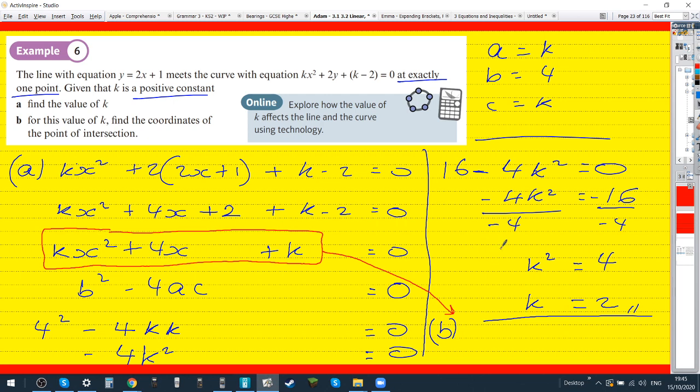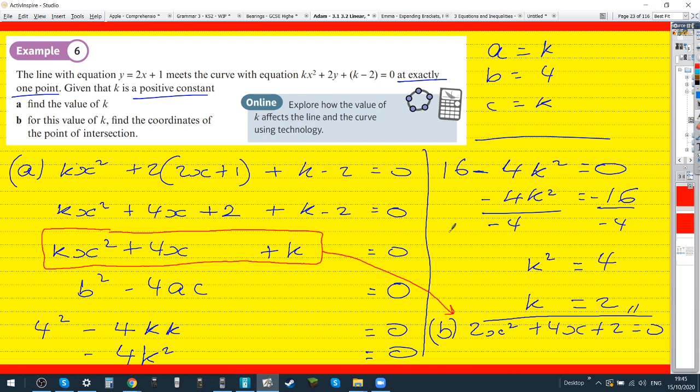And then we'll just simplify it. Sorry, I said that wrong. So it'd be 2x squared plus 4x plus 2 equals 0.